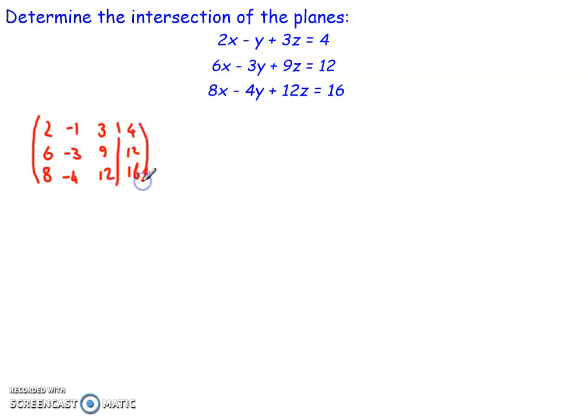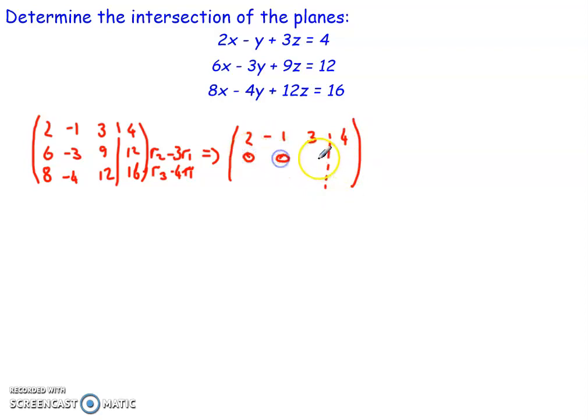Now if we do elementary row operations, I can say, right, I'll do row 3 take away 4 of row 1, and I'll do row 2 take away 3 of row 1. If I did that, my top row would stay the same, 2, -1, 3 and 4. But my other two rows would completely cancel, and I'd get two rows full of zeros.